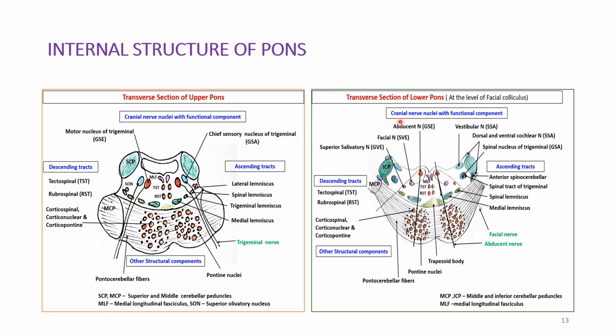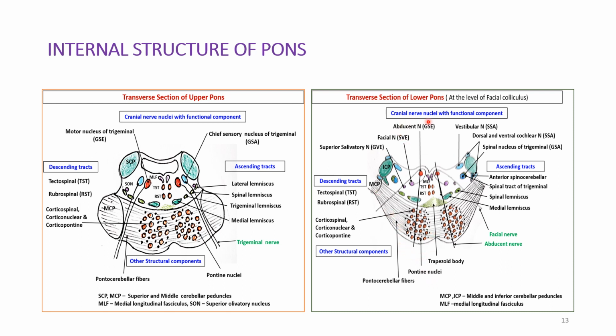If you take the section of the lower pons at the level of the facial colliculus, what can you see? Some ascending tracts like anterior spinocerebellar, spinal tract of trigeminal, spinal lemniscus, medial lemniscus, and descending tracts like tectospinal, rubrospinal, corticospinal, corticonuclear, and corticopontine. And you have the trapezoid body here and some pontine nuclei and pontocerebellar fibers.